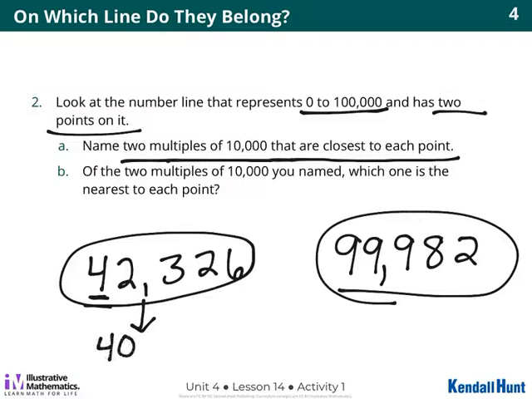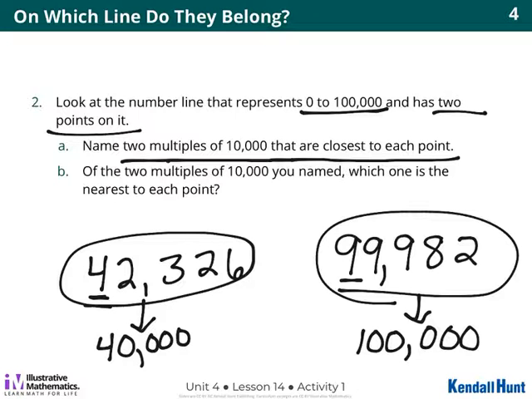Okay, so your first answer should have been 40,000. Then if we look at 99,982, I would say is it closer to 90,000 or 100,000? Say your answer. 100,000. Very good. Okay.